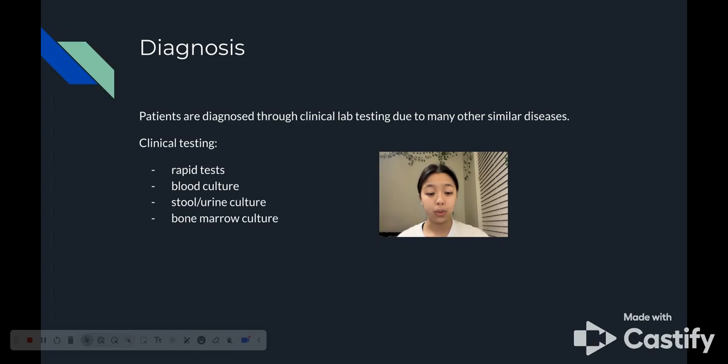And we also have the bone marrow culture, which we are able to use whenever it's urgent and it's unclear if you have typhoid fever. This bone marrow test is able to avoid the effect of antibiotics, so you're able to detect Salmonella Typhi.